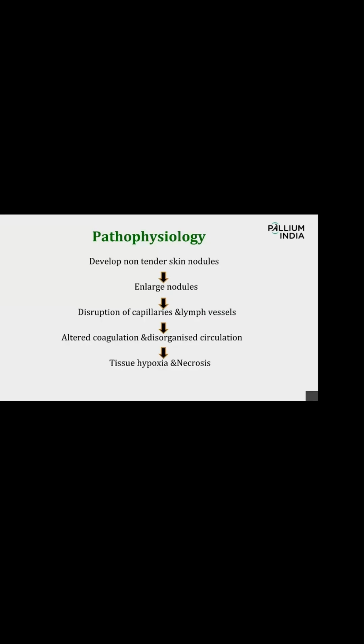The enlarged nodules go to a deep level of the skin, so capillaries and lymph vessels are affected. Then altered coagulation happens, and disorganized circulation also happens. That leads to tissue hypoxia and necrosis.